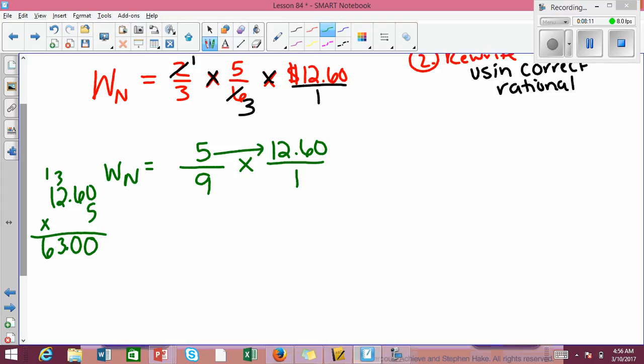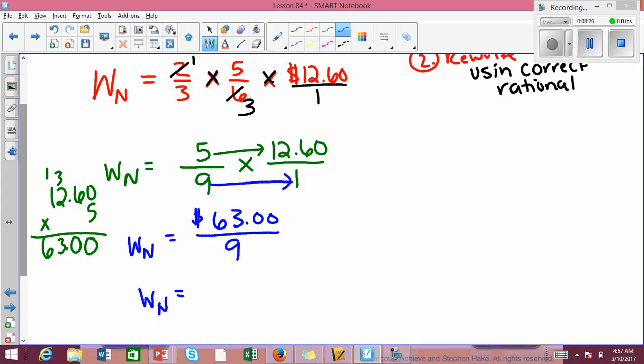So right now we can say that our amount is equal to $63 divided by 9 times 1 is 9, which should be very simple division because 9 goes into 63 7 times. So we end up with $7.